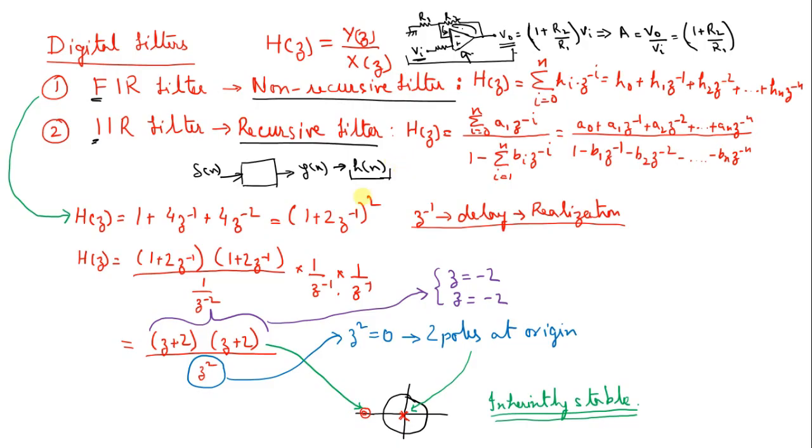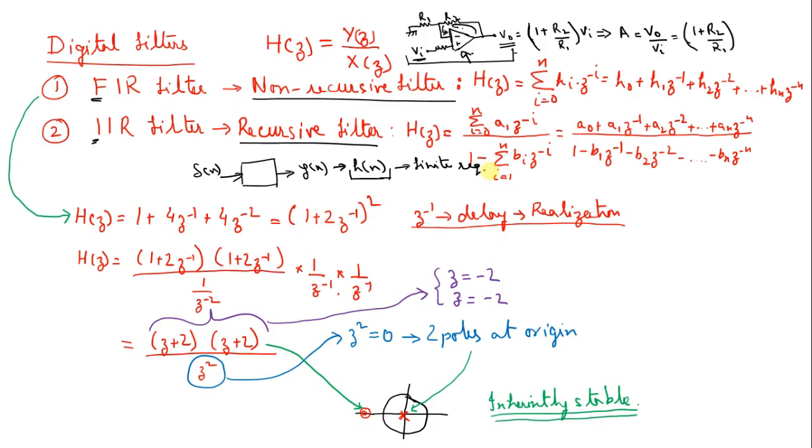So for FIR filters, the h[n], that is the impulse response, would be a finite sequence. That means the h[n] values will be there for indexes varying from 0 to small n, where n is a finite number.